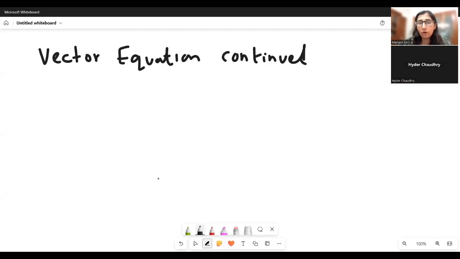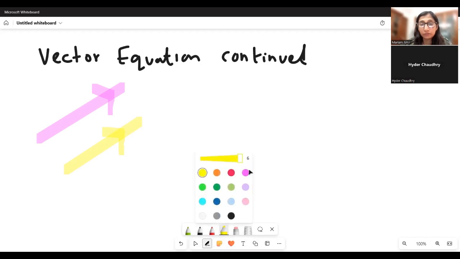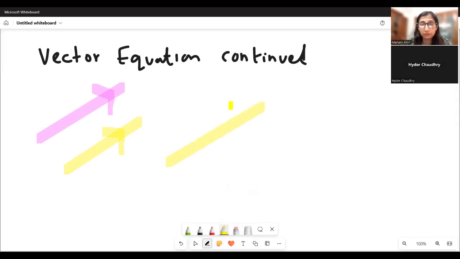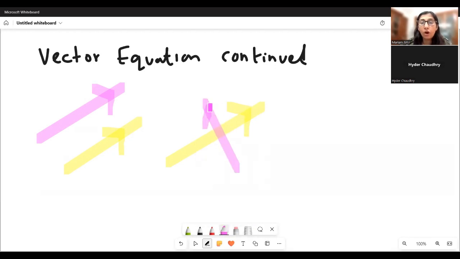This is the next lesson on vector equations. Today we're going to discuss if two vectors are parallel to each other, or if they intersect each other, or if they are neither parallel nor intersecting.